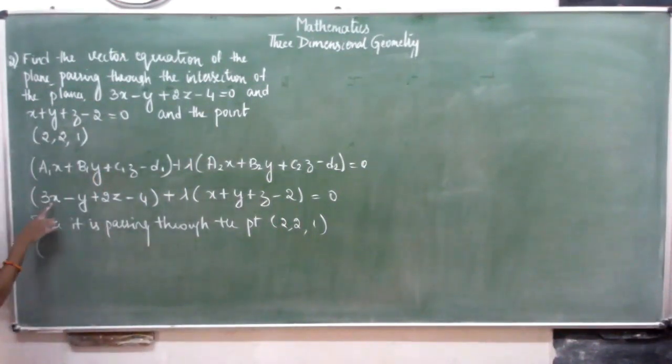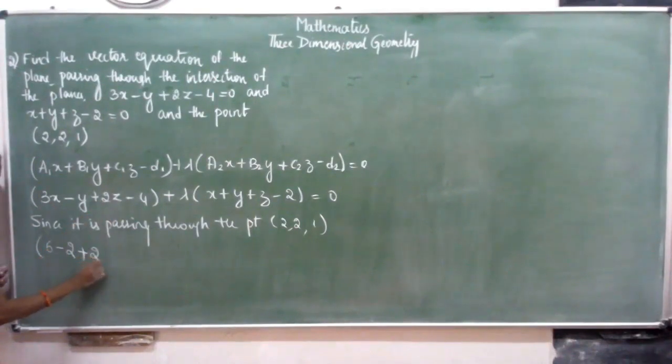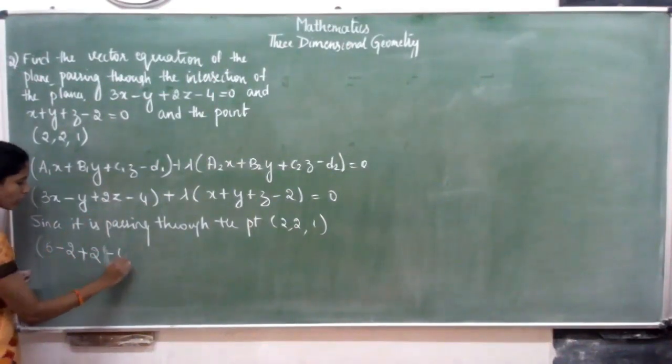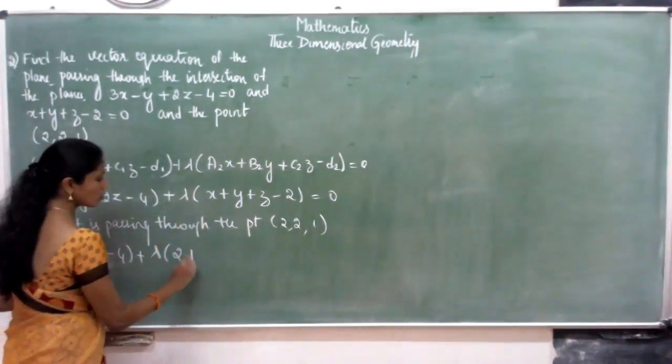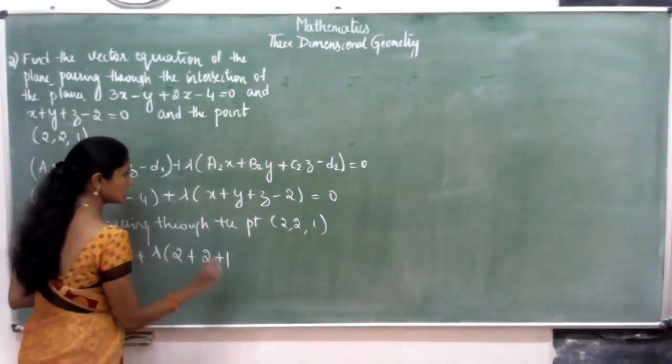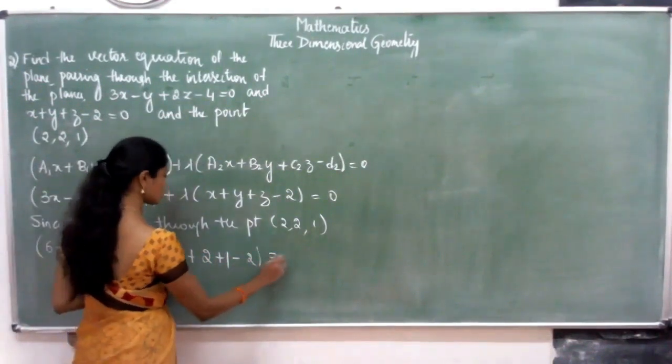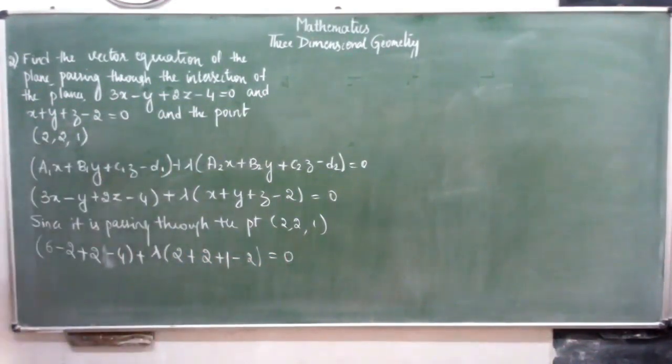So substituting 2 into 3, 6 minus y value is 2, then plus 2 into z value is 1, so it is 2, then you have minus 4 plus lambda times x is 2, y is 2, z is 1, and you have minus 2 is equal to 0.